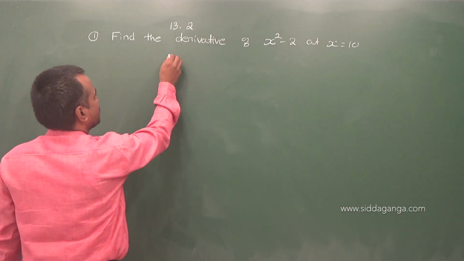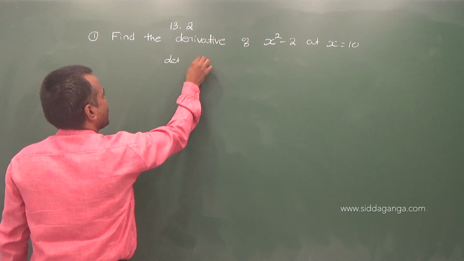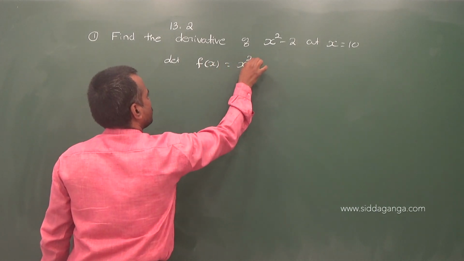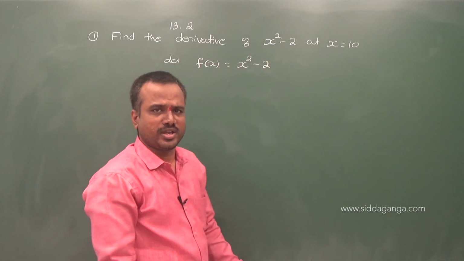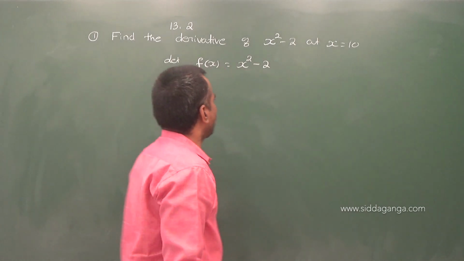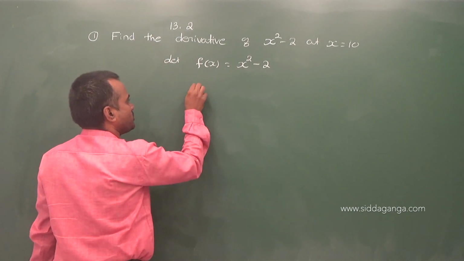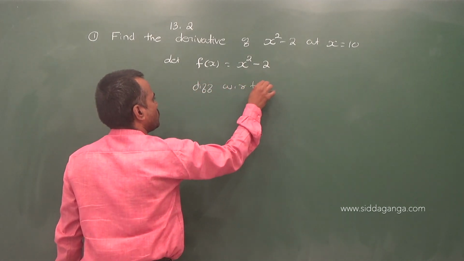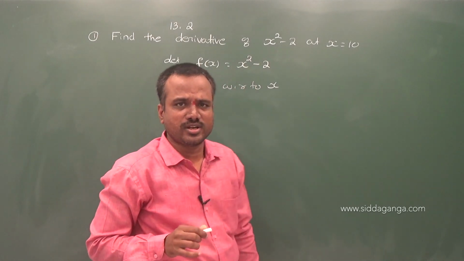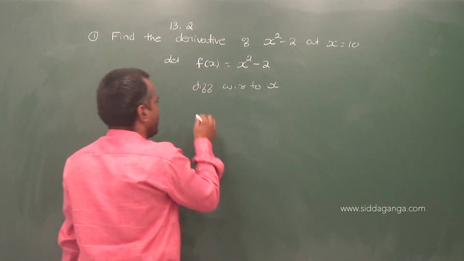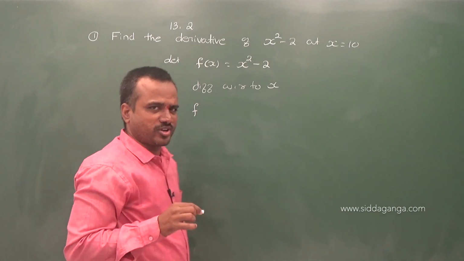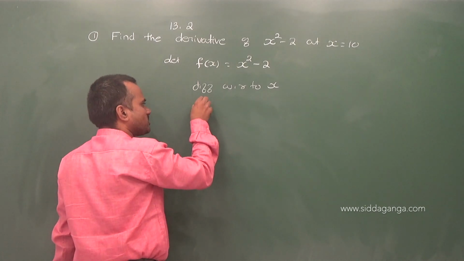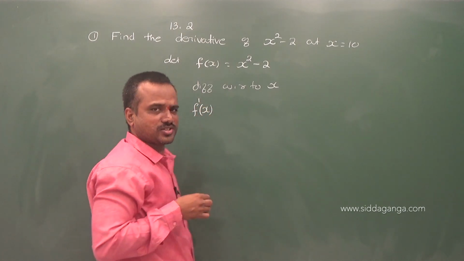So what we do? We write let f of x or else y, no problem. f of x is equal to x square minus 2. Differentiate with respect to x. f of x with respect to x we denote as f dash of x, correct?